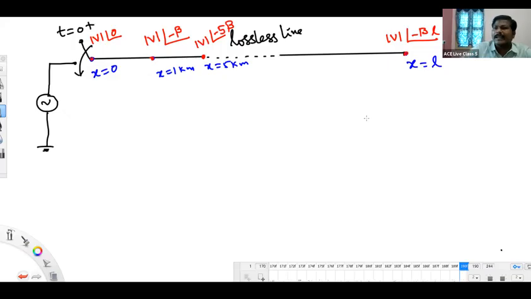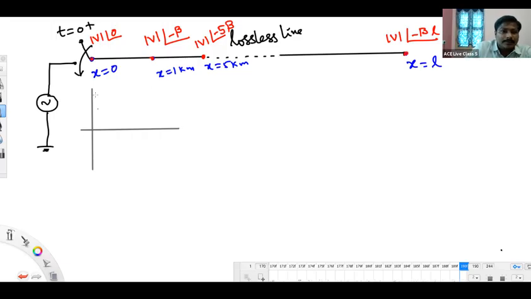To get an even clearer understanding, I will show the sinusoidal waveforms. Kindly observe. I'm going to show the x equals 0 point first. This is the voltage axis and this is the time axis.